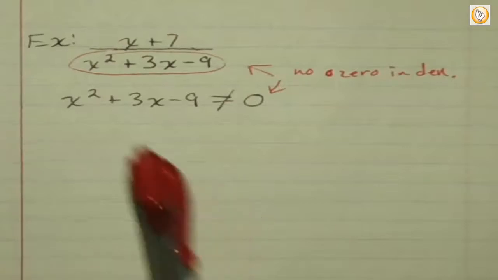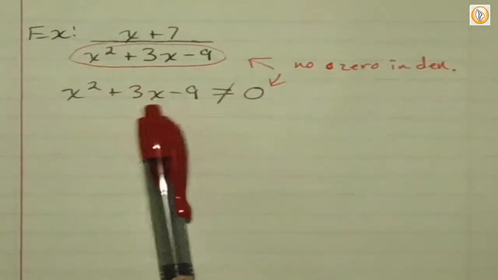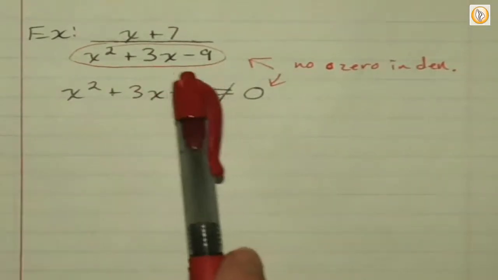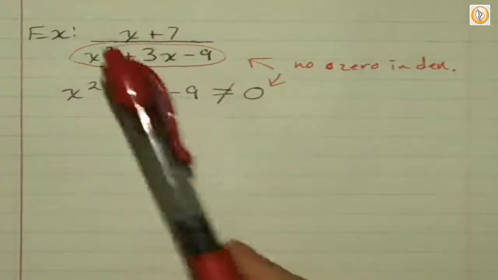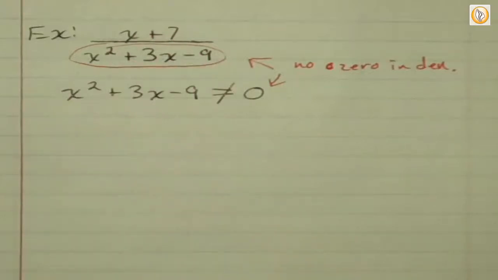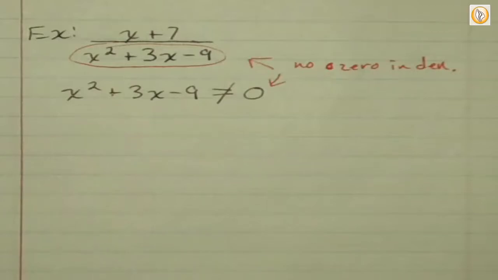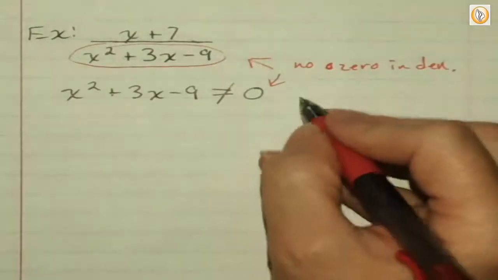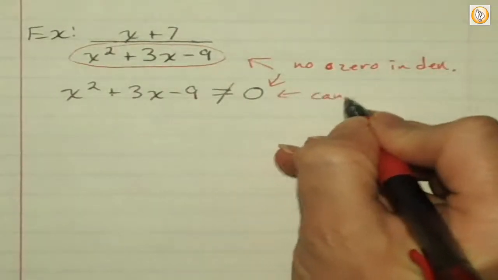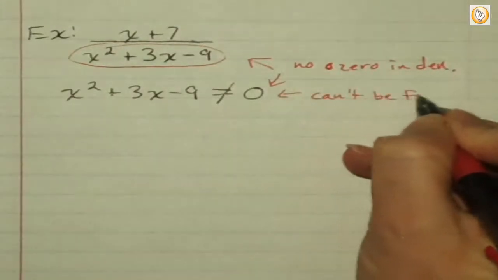Okay, well, this one is a little different. It's not a cute little x plus 7 down there that we can just have not equal to 0. And question, can we factor this out like the last one? No. Therefore, we do the quadratic formula because it can't be factored.